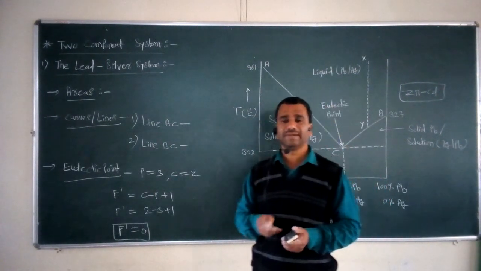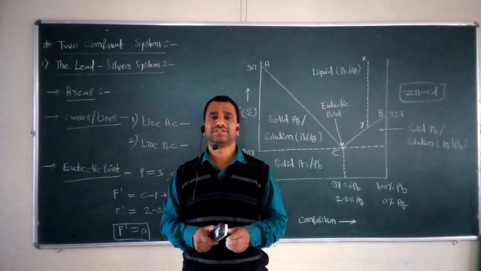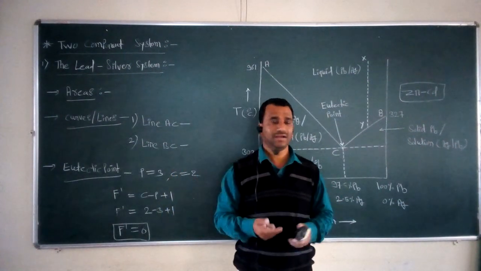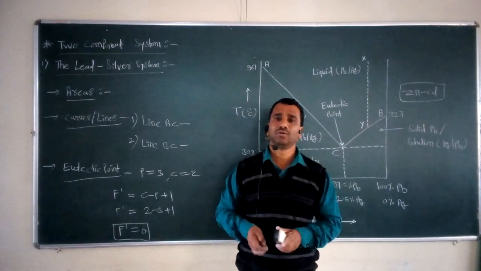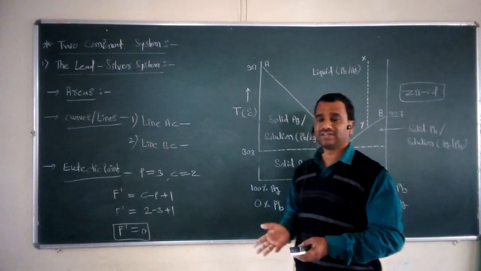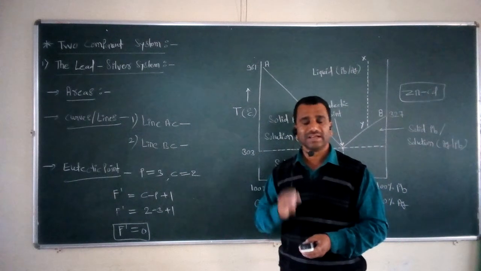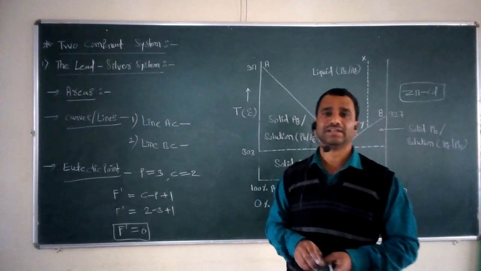In a similar way you can do two different homeworks: one is the sulfur system from the one component systems, and the zinc cadmium system from the two component systems. So today I stop here with the description of this important lead silver system. Remaining points we will take in the next lecture.